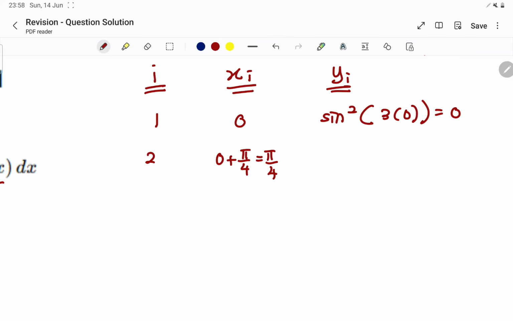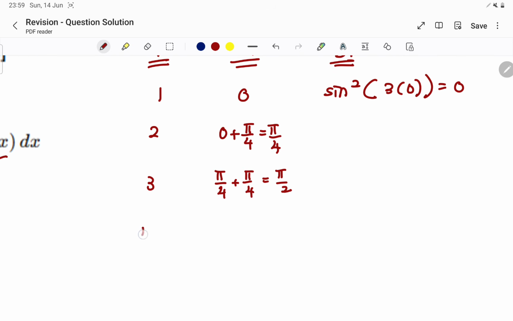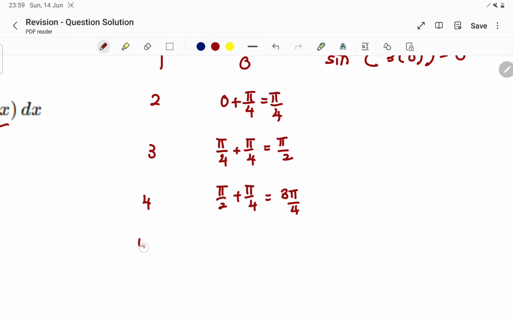For i equal to 3, by right, pi over 4 plus pi over 4, you get pi over 2. The next one, when i is equal to 4, pi over 2 plus pi over 4 gives 3 pi over 4. When i is equal to 5, 3 pi over 4 plus pi over 4 equals pi, and so on.